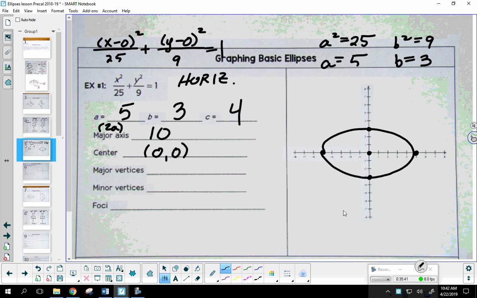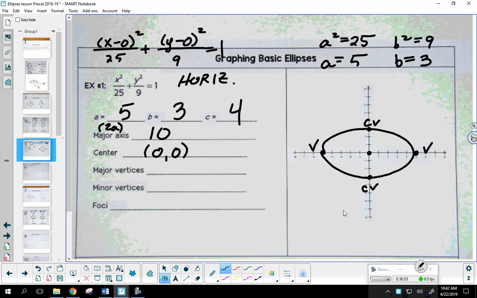All right. So here's also another thing I like to do. If you're going to have symmetry in these graphs, like here, your major vertices, the endpoints of the major, are your vertices. The endpoints of the minor are your co-vertices. So here you'll notice we have 5, 0 and negative 5, 0.